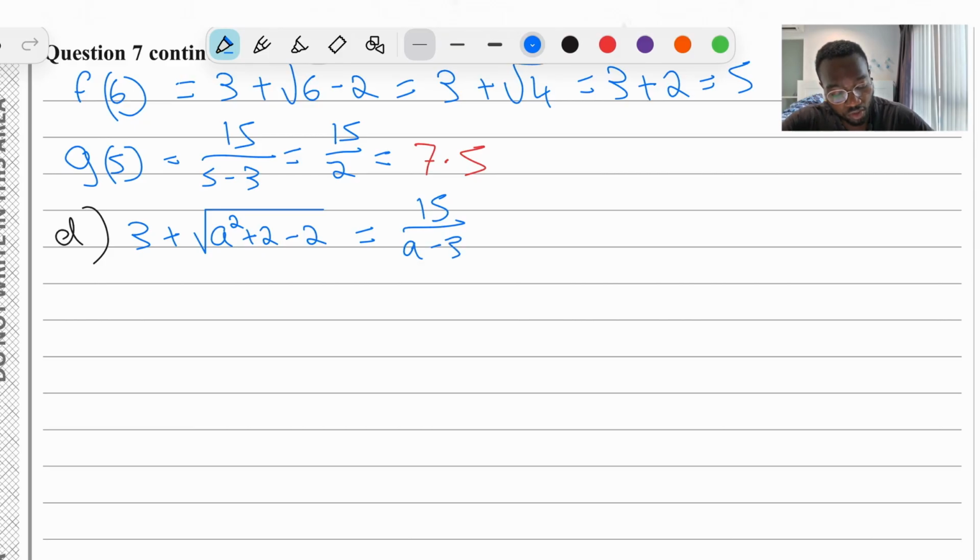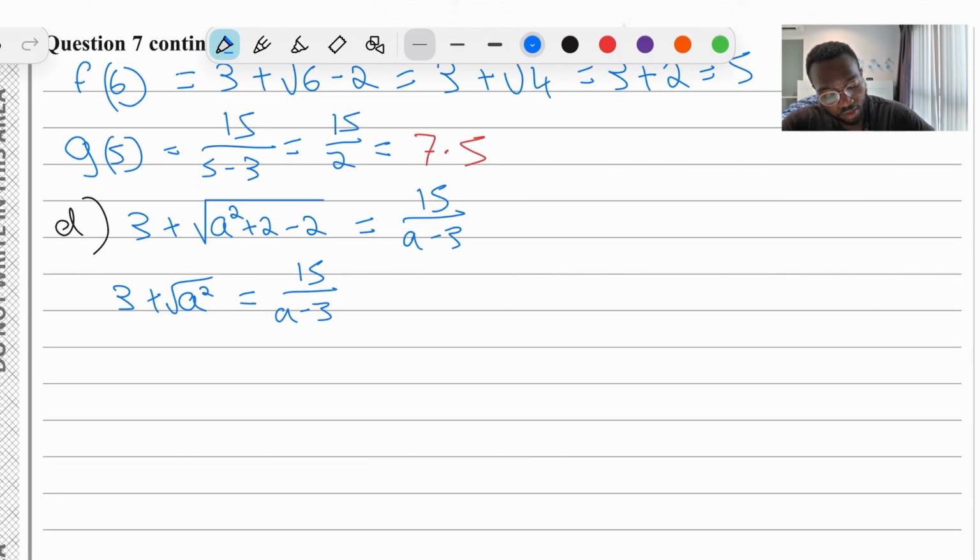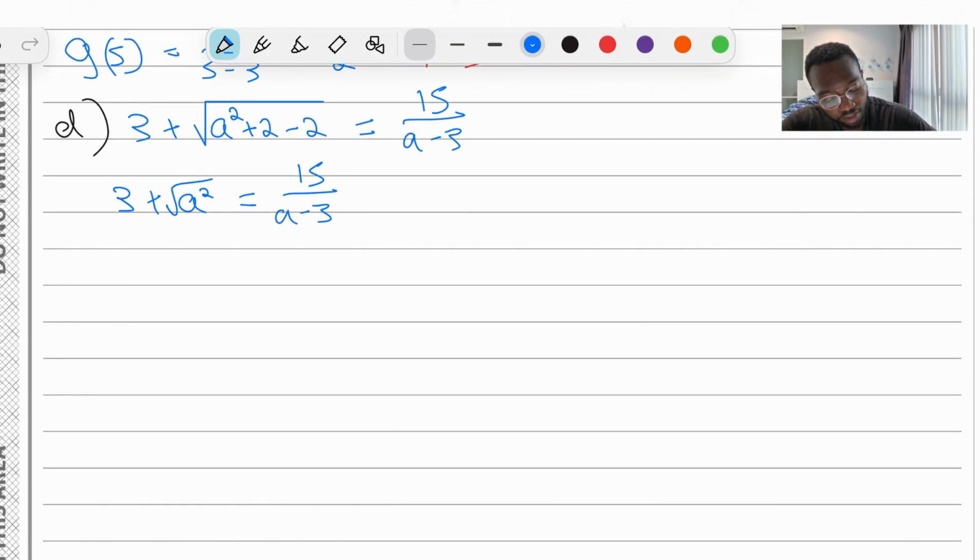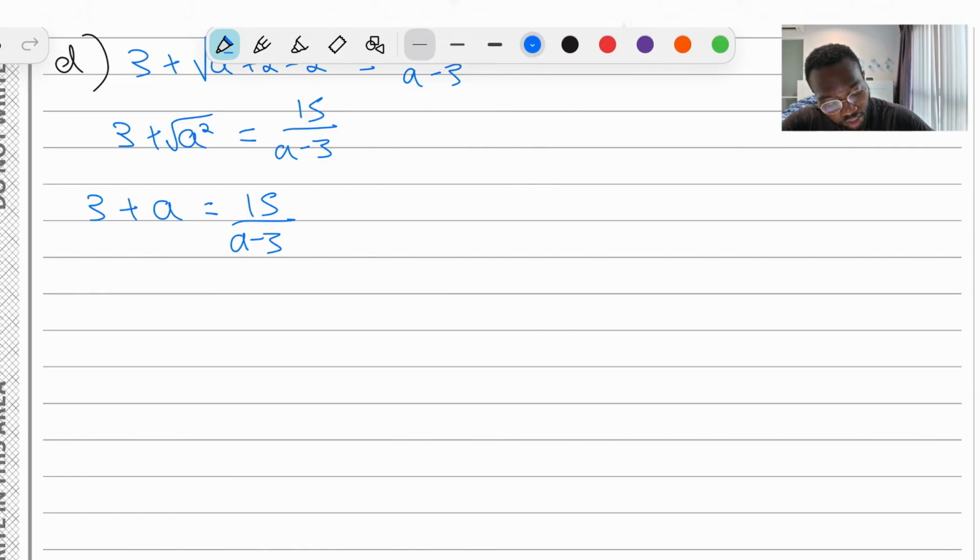So first thing we can do is get rid of the 2's in the square roots. That'll be 3 plus the square root of a squared is equal to 15 over a minus 3. The square roots would cancel out on that left side, so we'd be left with 3 plus a is equal to 15 over a minus 3. And then we can times both sides by a minus 3.